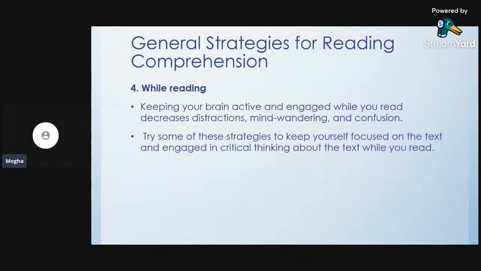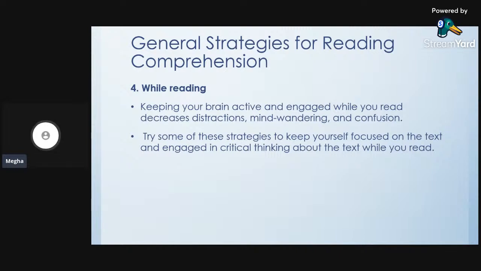While reading, keeping your brain active and engaged decreases distractions, mind wandering, and confusion. So you have to be focused when you read certain passages, because when five questions are being asked on the given passage, you have to understand how easily you can score 5 marks after answering these questions. After reading the passage and getting to know the intent, you can easily answer the questions.